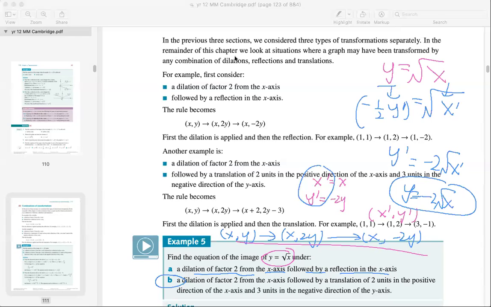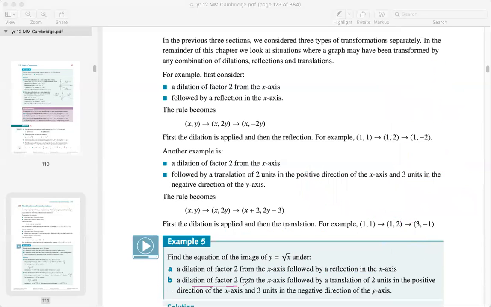So again, the first one is dilation factor 2 from x-axis. So (x, y) becomes (x, 2y). Followed by translation 2 units in the positive x direction, x plus 2, and 3 units in the negative y direction, so 2y minus 3. It's the coordinate method we will use.